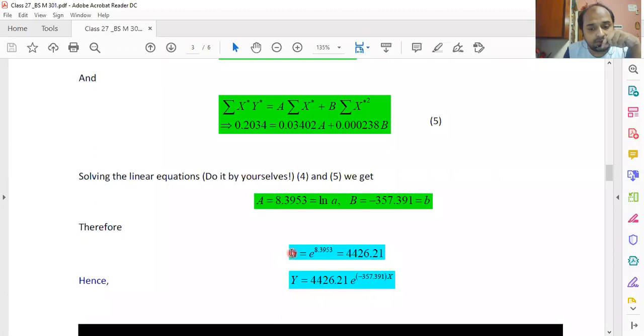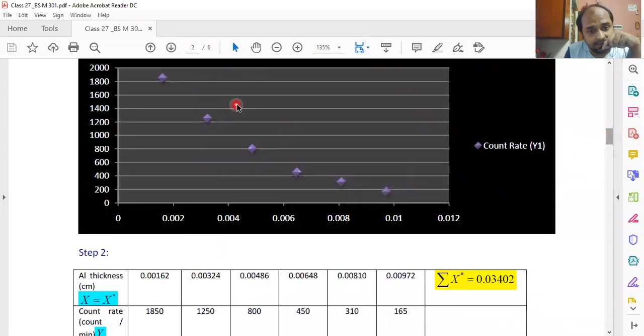Once you get small a and small b, you substitute them in equation 1, and we get the exponential curve: capital Y equals a into e to the power bx, that is 4426.21 multiplied by exponent of minus 357.391 into capital X. There is obviously a minus sign because the curve's tendency is decreasing. If the tendency were increasing, the power in the exponent would be positive; if decreasing, it is negative.